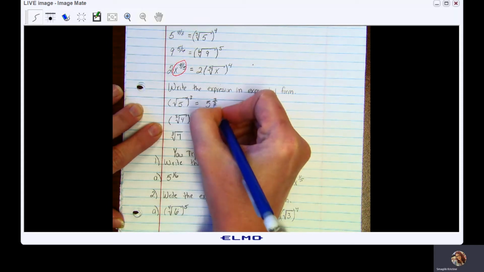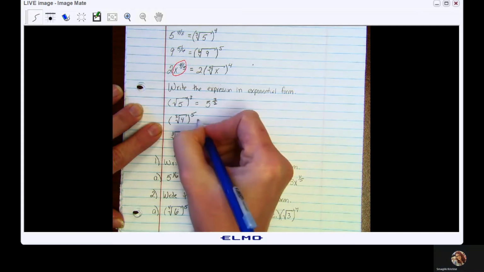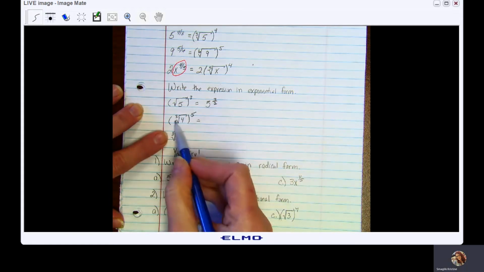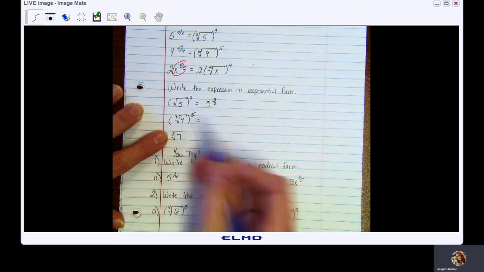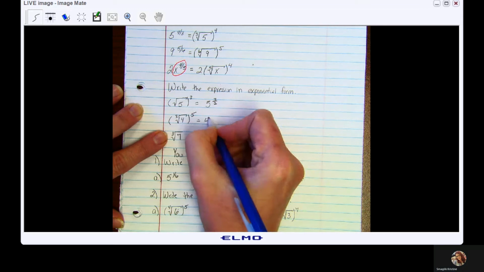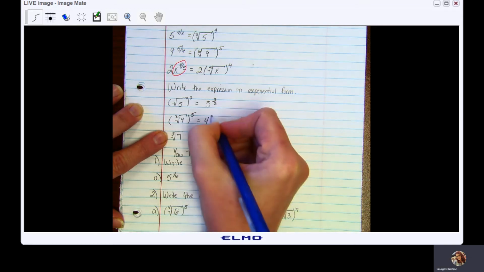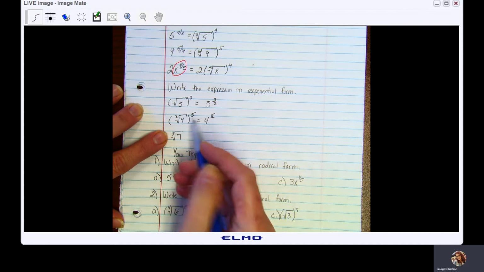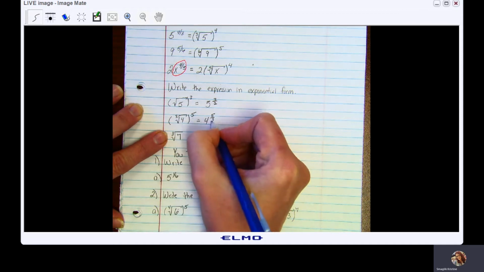So this is 5 to the 3/2. Here, cube root of 4 raised to the 5th power. My base is 4. Numerator of my exponent is 5. And the denominator is your index or your root here, which is 3.